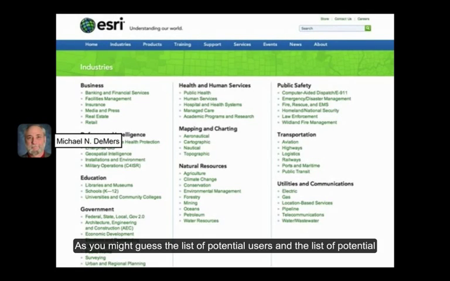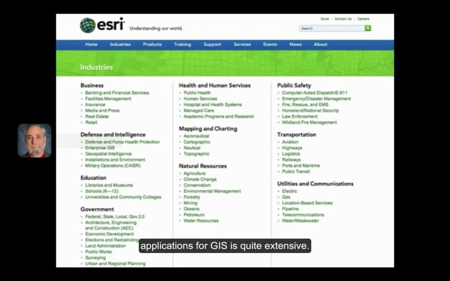As you might guess, the list of potential users and the list of potential applications for GIS is quite extensive. In fact, it would take me a month of Sundays to try to explain even half of them. One way to get a handle on what's available and who might be using GIS is to go to the esri.com website.